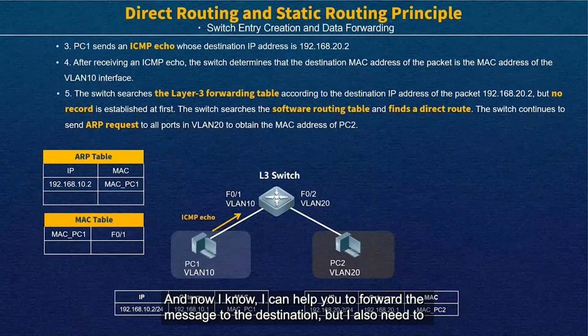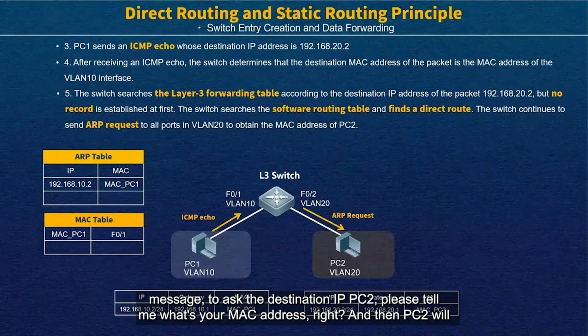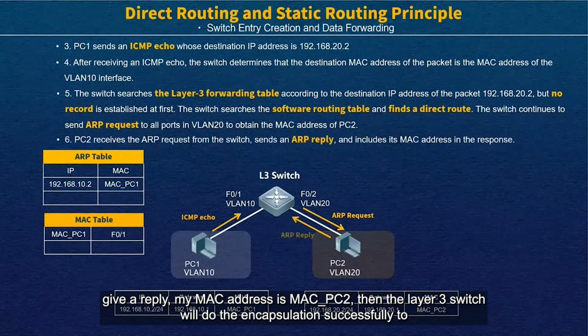And now I know I can help you to forward the message to the destination, but I also need to do the encapsulation successfully. So the layer 3 switch will send out the ARP request message to ask the destination PC2, please tell me what's the MAC address, right? And then PC2 will give a reply.